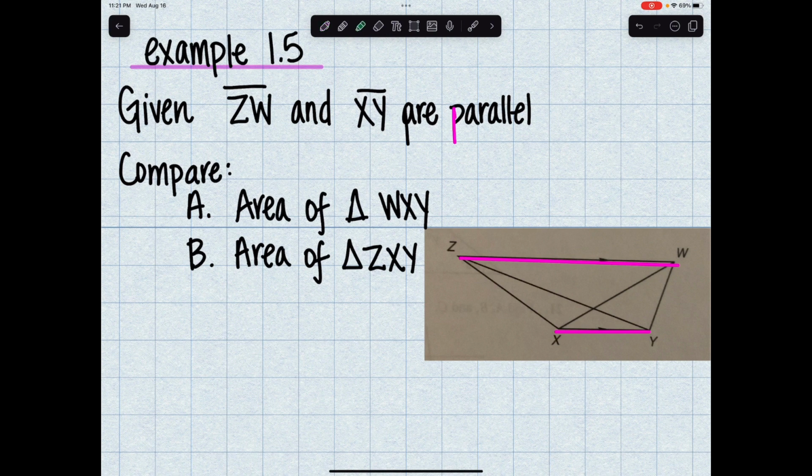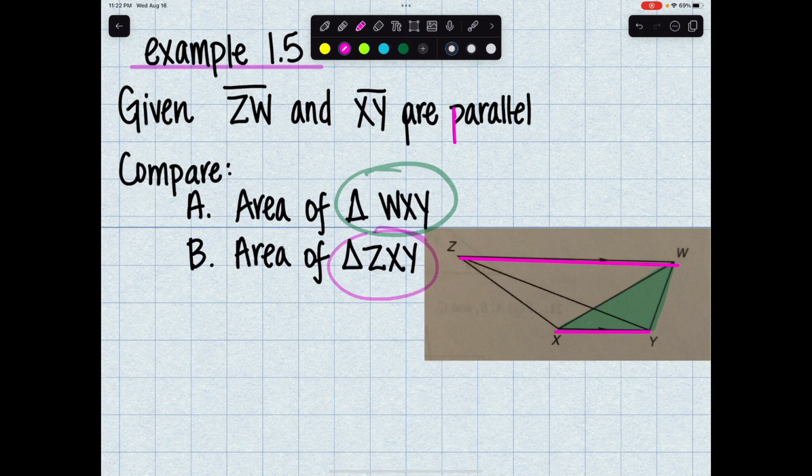We're looking at WXY, that's this triangle. So if you were choosing a piece of cheesecake and you wanted the bigger one, would you take a piece that looks like that? Or would you take ZXY, that's this one?